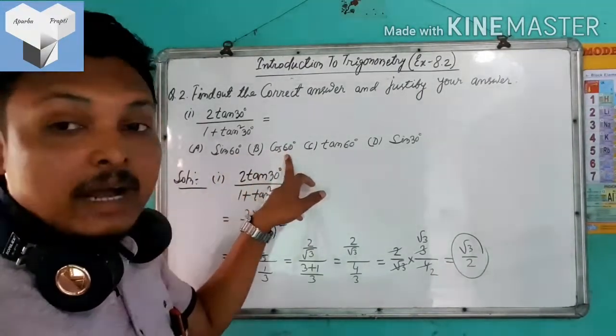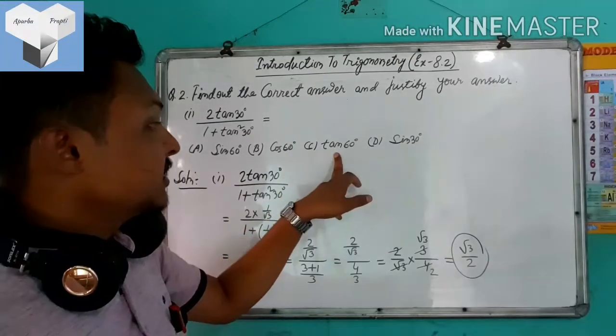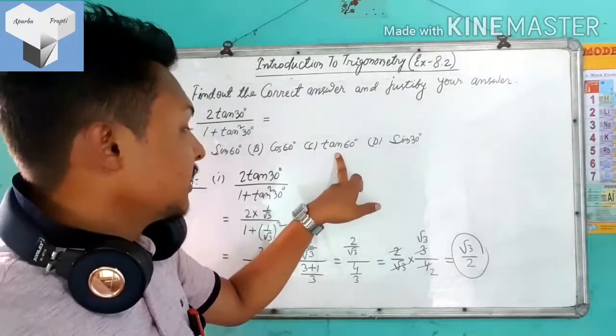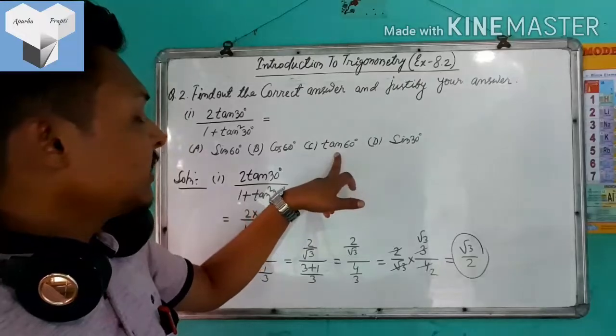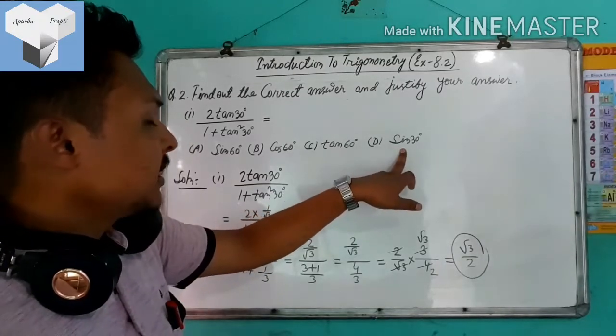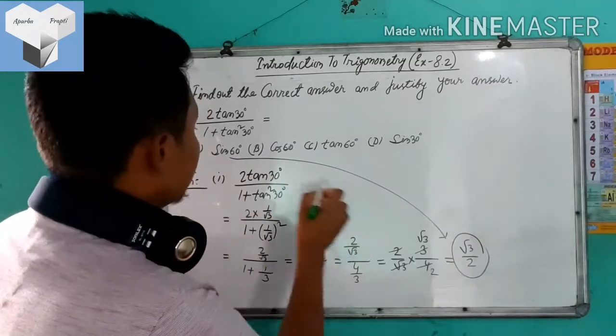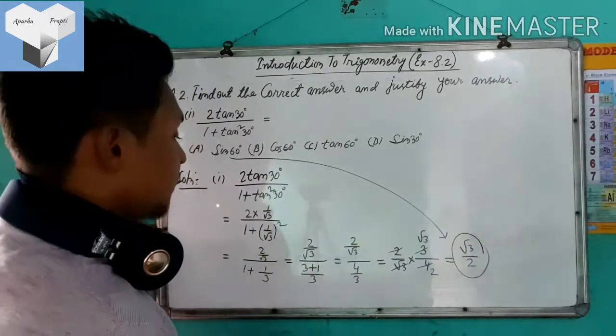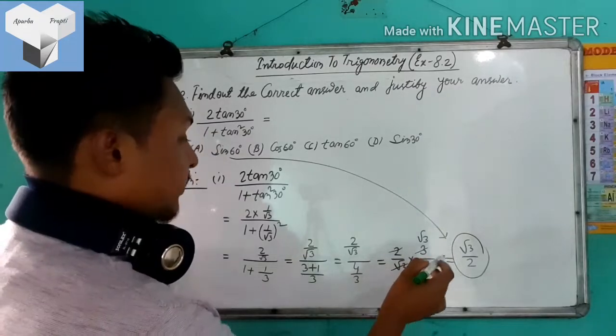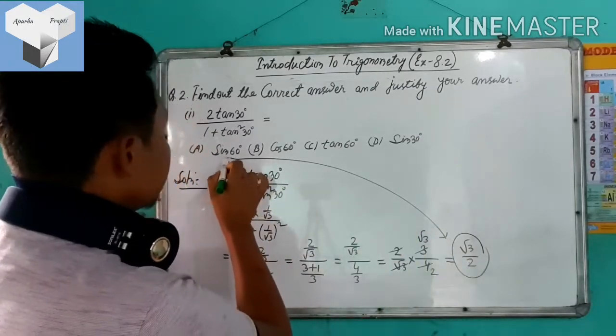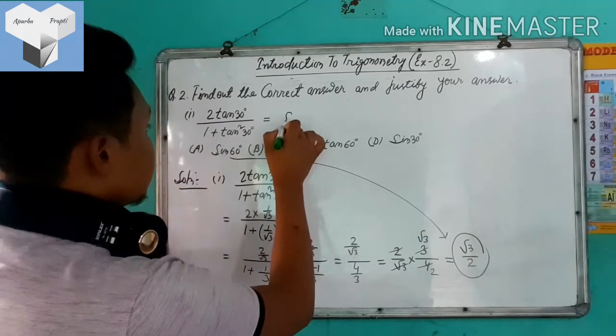Cos 60 is half, isn't this? Tan 60 is root over 3, isn't this? And sin 30 is equal to half. That means the value of sin 60 degree is root over 3 by 2. So we can write in place of root 3 by 2 as sin 60 degree, isn't this?